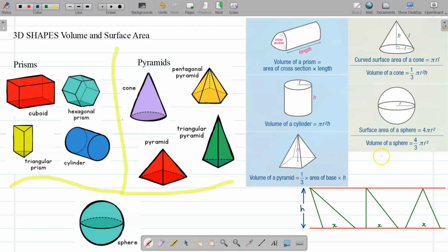Okay, and there's a very interesting connection between prisms and pyramids. And I simply summarize that by writing down one fraction. Okay, I'll just put it here. And that's the fraction 1/3. Okay, now I'll explain what I mean by that.